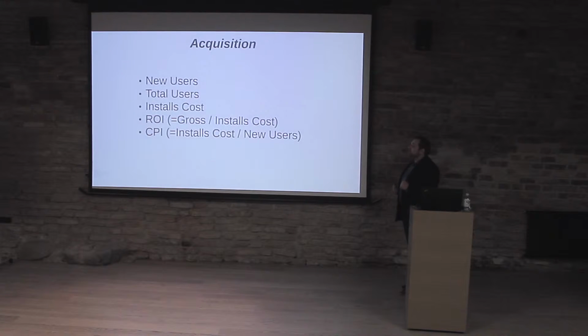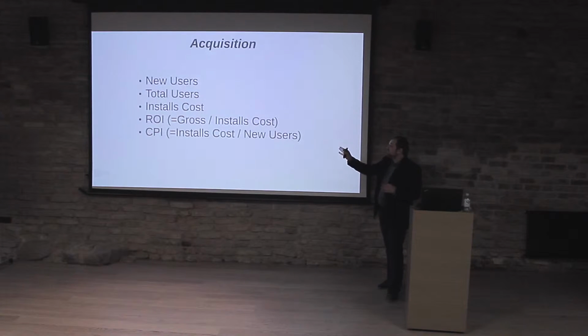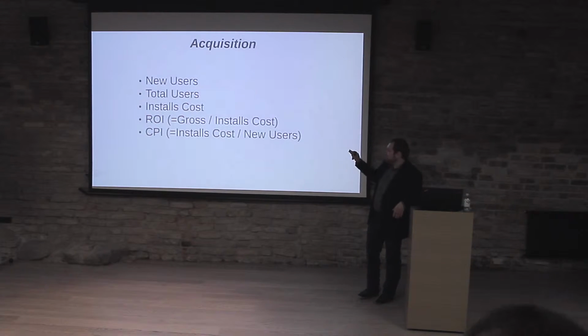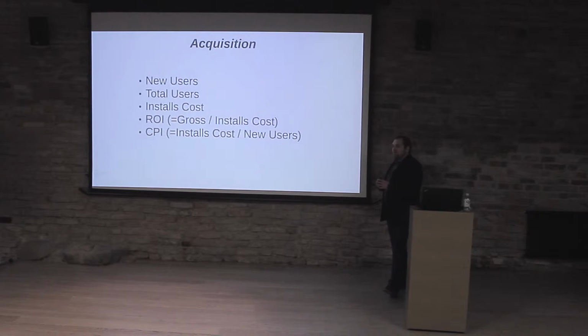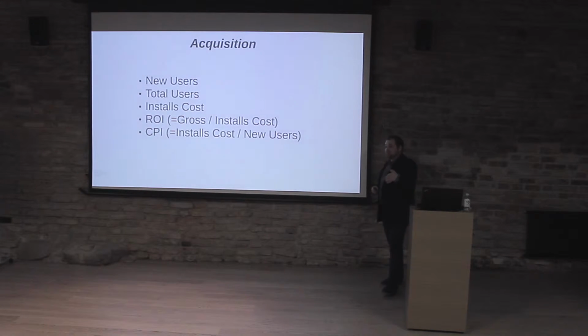Then you calculate the ROI, return on investment, calculated as gross revenue divided by the install costs. Well, I do not like the metric called just ROI because it's very abstract. I prefer the metric ROI for 7 days, ROI for 14 days, for 30 days, for 60 days, and so on.